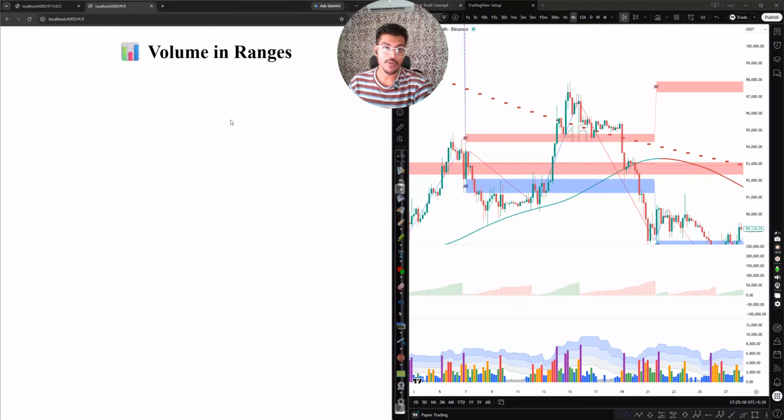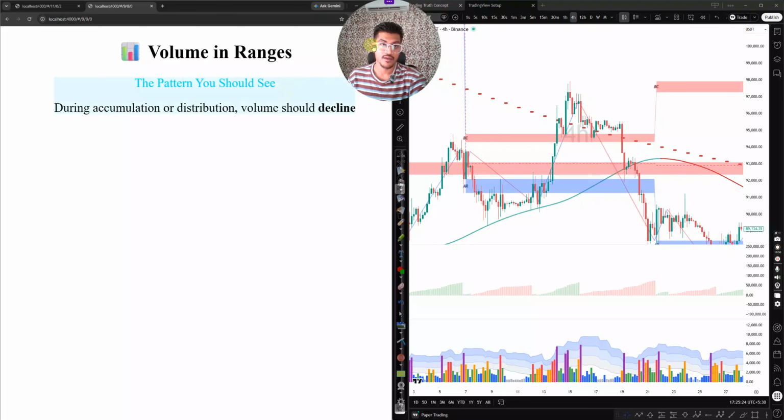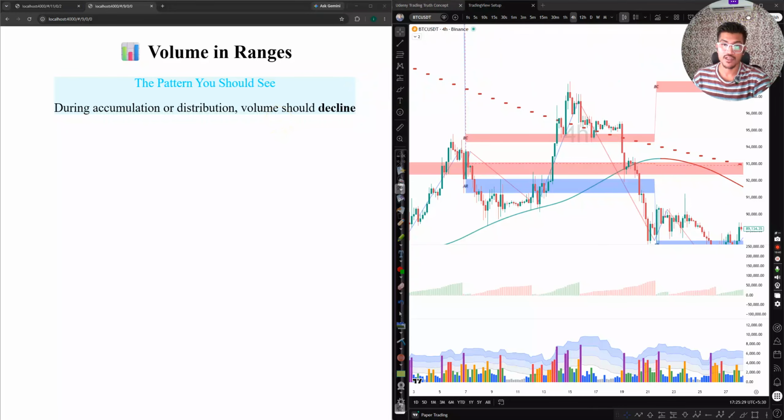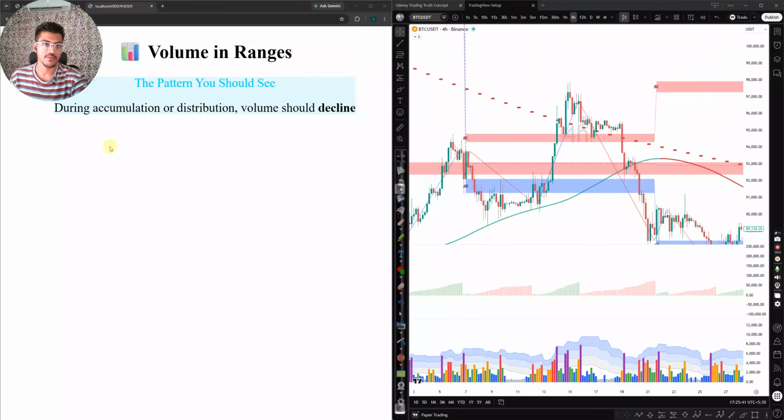Now let's look at the volume in ranges. Let me actually put myself over there because I don't want to clutter this here. I think this is much better.